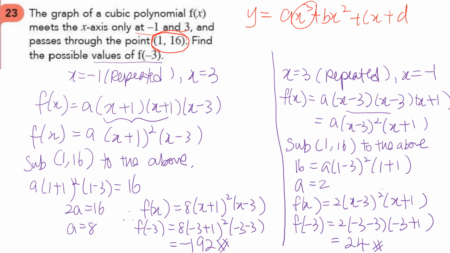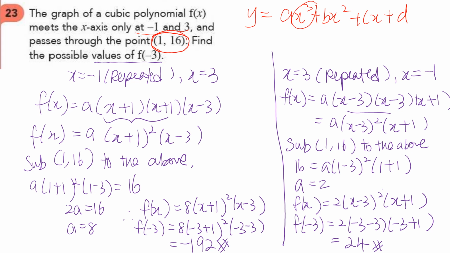Where's my mistake? Wait, hang on. Oh, I hate it when, oh my goodness, substitute x to be 1. Yeah, substitute x to be 1. Correct. Well, x equals -1 and 3. F of x is a, x plus 1, x plus 1, x minus 3, so a, x plus 1 squared. Substitute (1, 16). That is when x is 1.